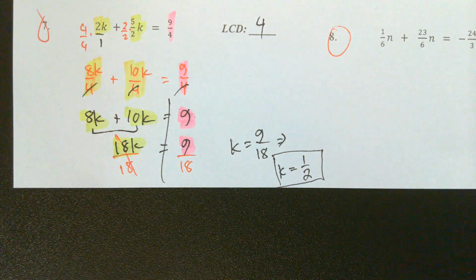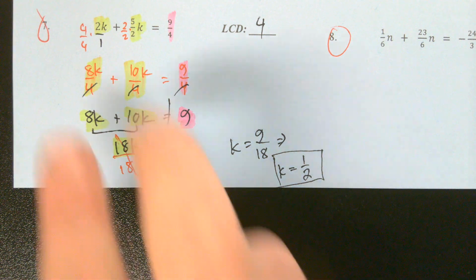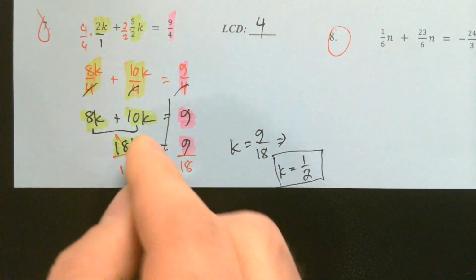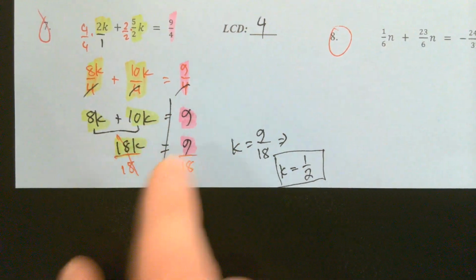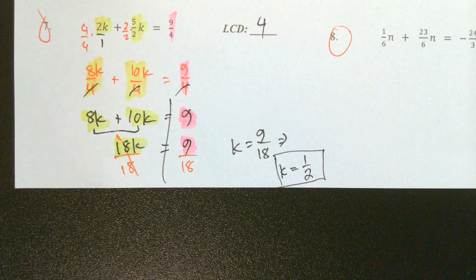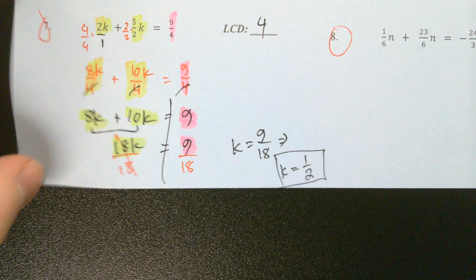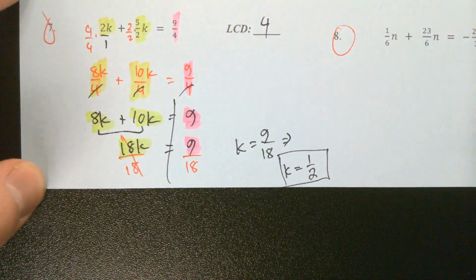So if you got something like -1/8, understandable why you got that answer. But please make sure you see that we've got 2 variable terms on the left. So we're going to combine those and divide as opposed to subtracting that 10 over and dividing by 8. All right? Questions I can answer on 7? I know that one's a little tricky.